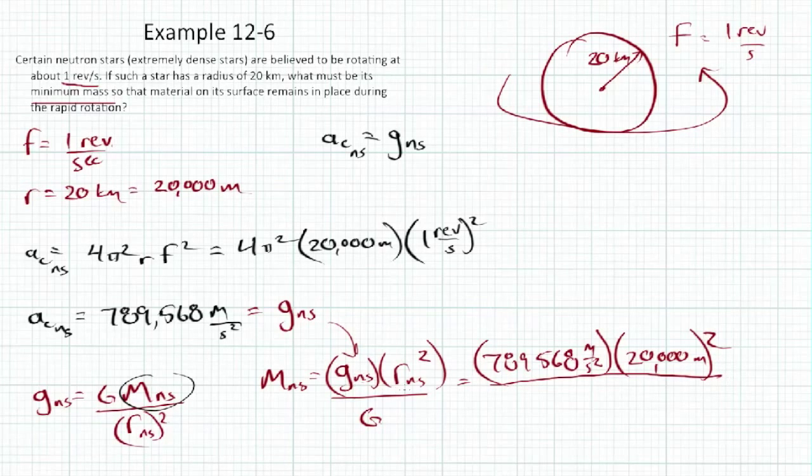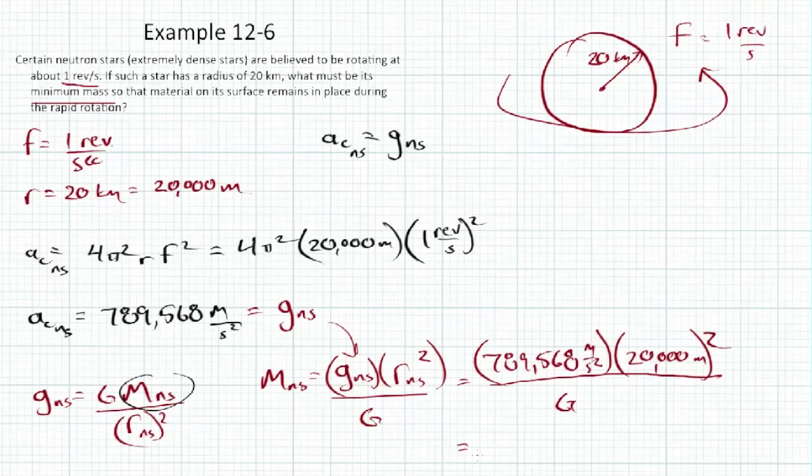All divided by our G, which I'll just write as G because you can just plug that in as G. Now look at this. We've got 789,000 times 20,000 squared divided by G, which you know to be a very small number, something times 10 to the negative 11th. We're going to have an enormous number here. This star has to be tremendously massive.